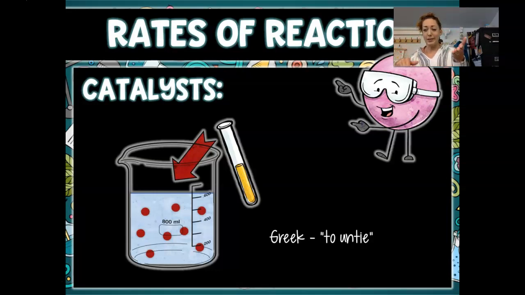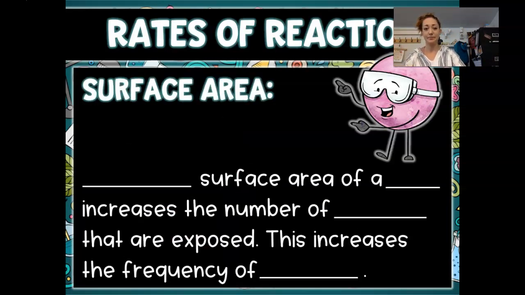Using warm water versus cold water impacts how my sugar dissolves, but it also gives that kinetic energy to activate. And then the yeast was able to totally go as a catalyst, and it was able to speed up the reaction.